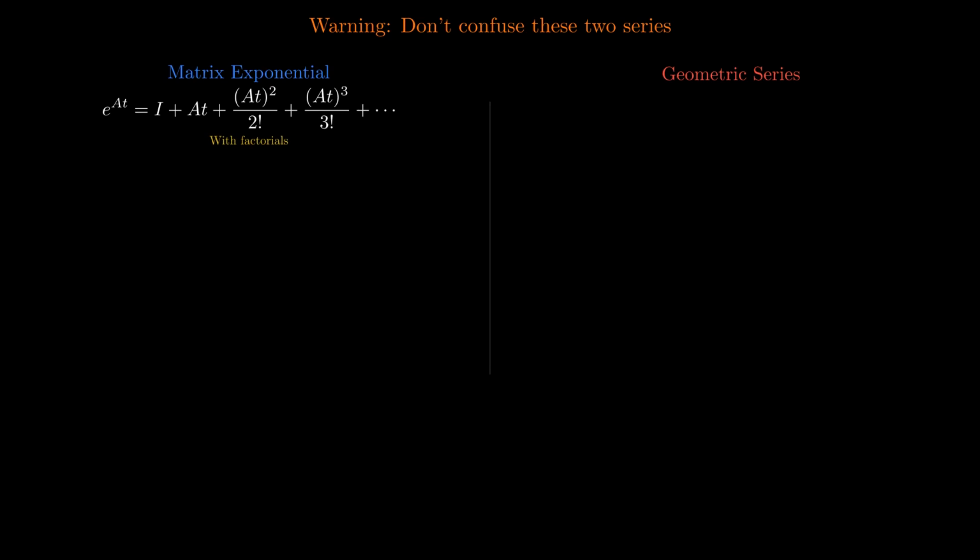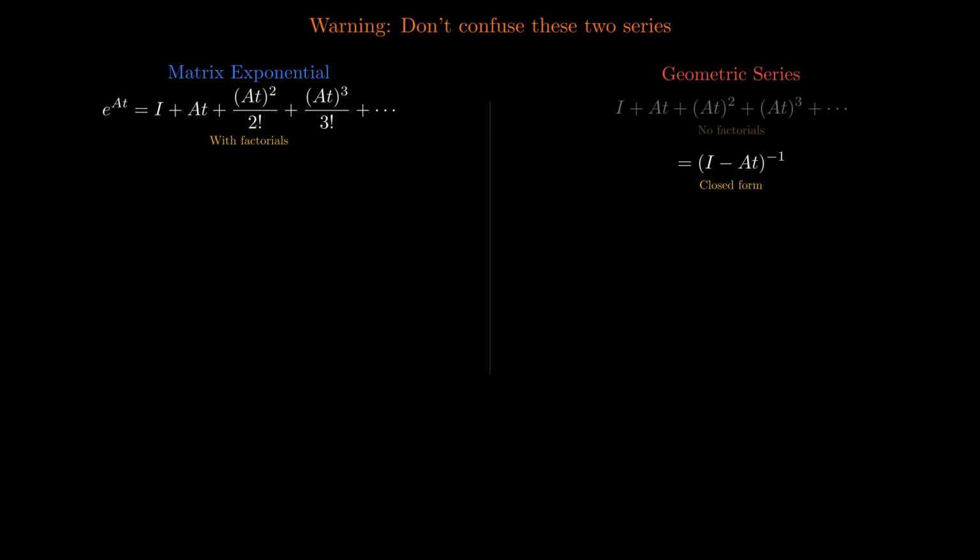Don't confuse the matrix exponential e to the At with another matrix series you may have seen. The geometric series, I plus At plus At squared plus At cubed, and so on, with no factorials in the denominators, sums to the inverse of the quantity I minus At. It looks almost identical to the exponential, but the difference is crucial.